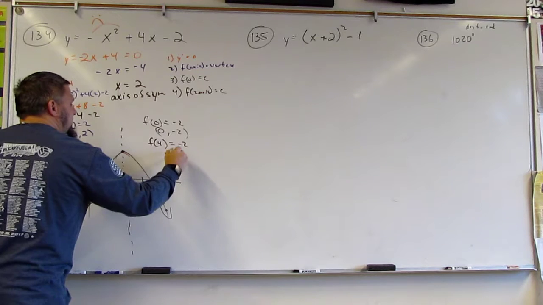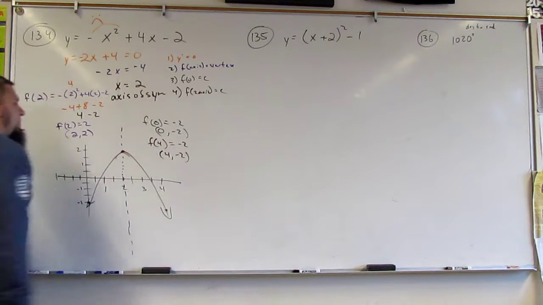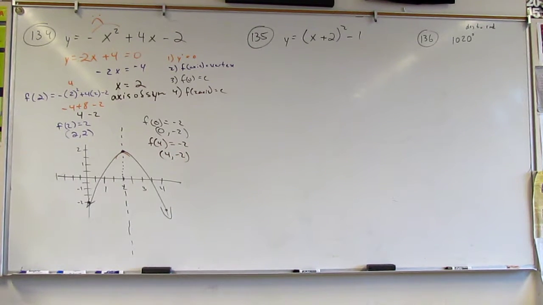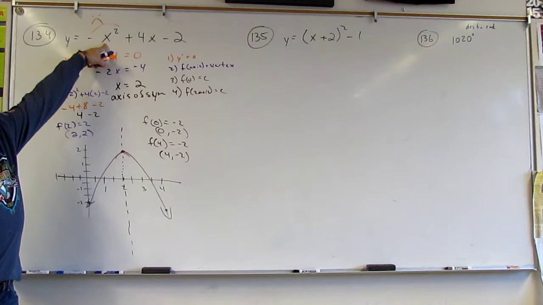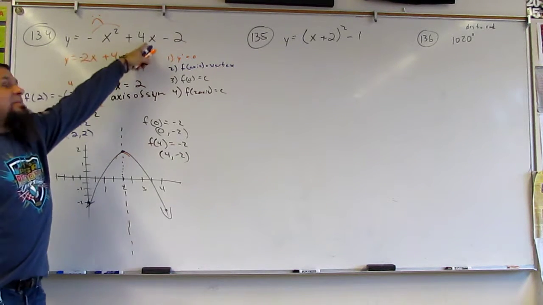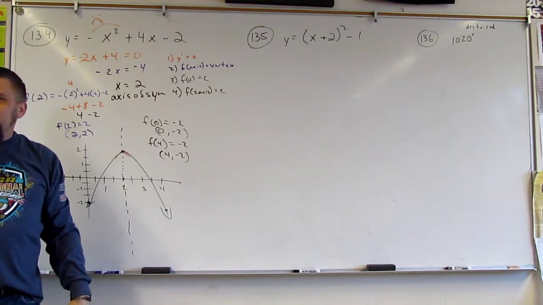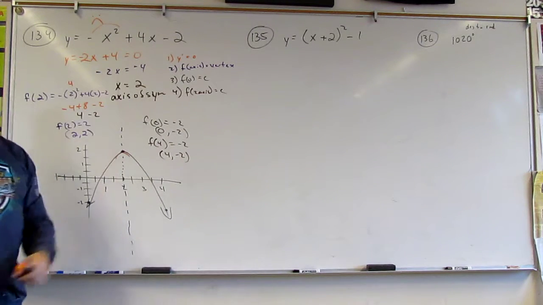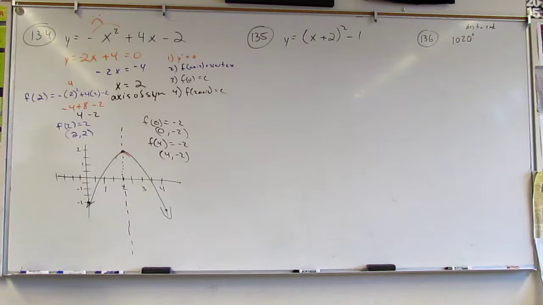That means you should be at 4 and negative 2. But you should check it quickly in your head. What's 4 squared? It's the same as 4 times 4, right? But this one's negative, so therefore they cancel out. Boom. Easy. It's that simple, people.